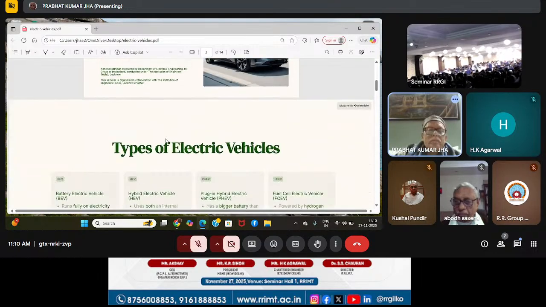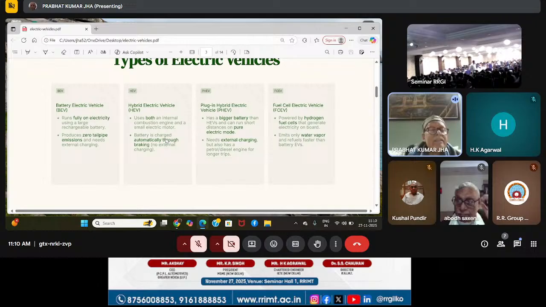Now, types of electric vehicles. First, battery electric vehicles, BEV, run fully on electricity and use a large rechargeable battery. Hybrid electric vehicles use both an internal combustion engine and a small electric motor.